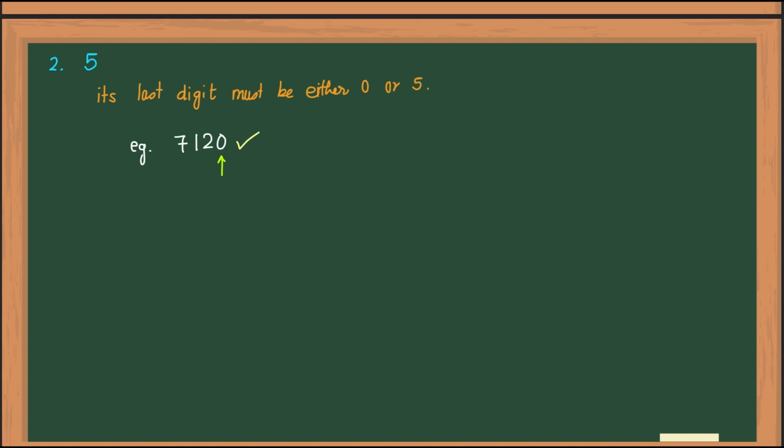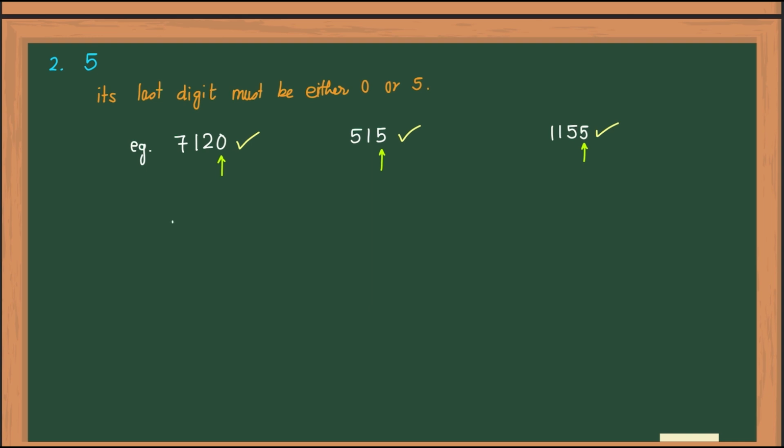If I take another example like 515, the last digit is 5, so it fulfills the rule for divisibility of 5 and is also divisible by 5. Then if I write 1155, this number also has a 5 at its last digit, so it is also divisible by 5.